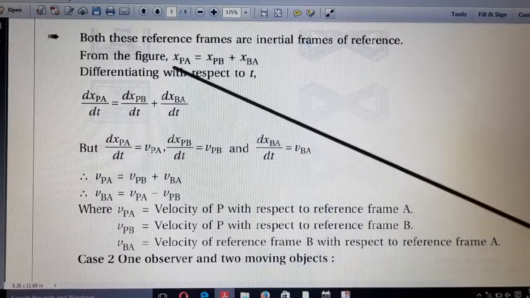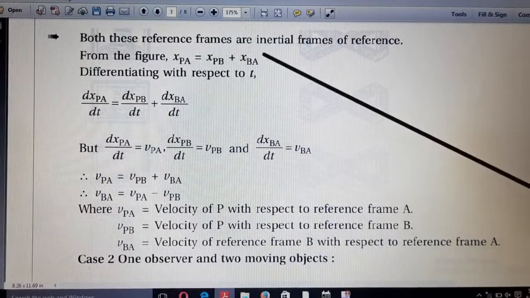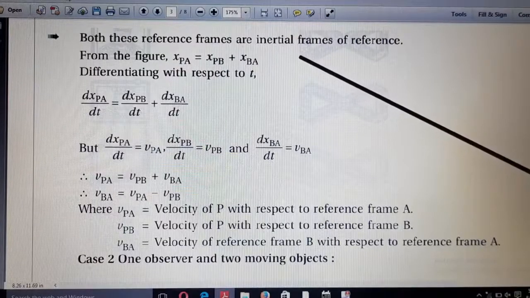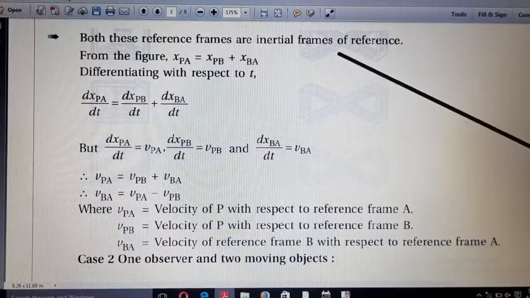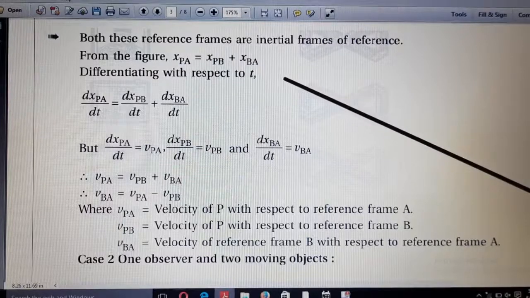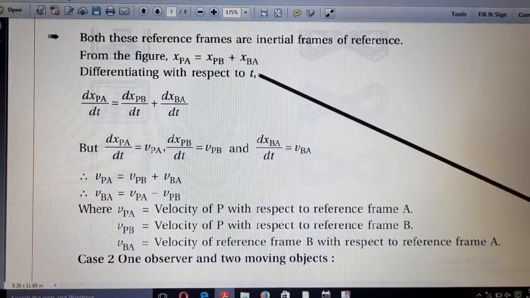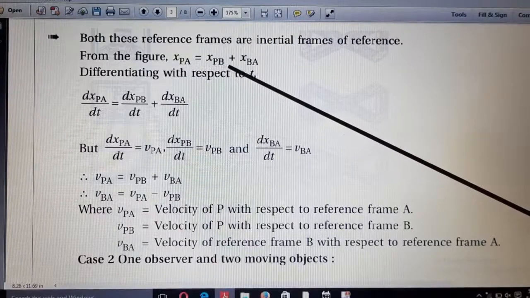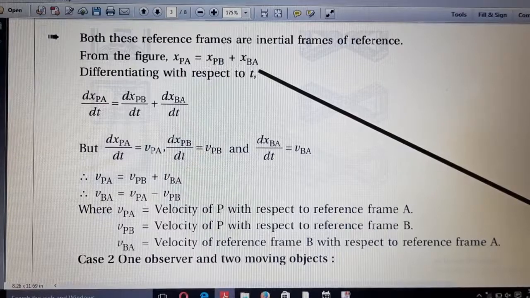Both these reference frames are inertial frames of reference. So from the figure we can write XPA is equal to XPB plus XBA.